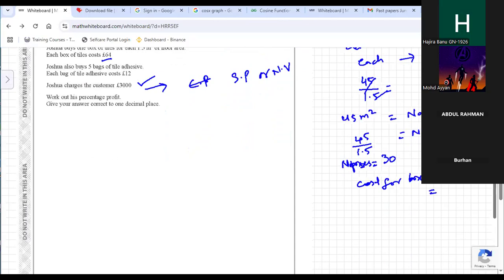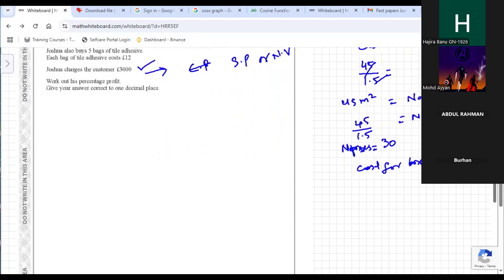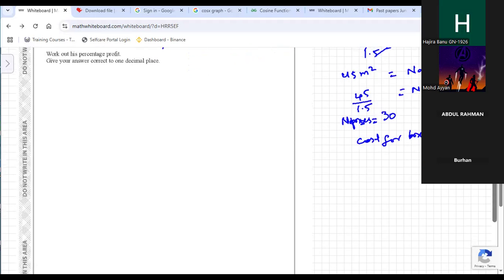This is the cost of boxes that Joshua has spent. So now 30 into 64 is 1,920 euros. So he has spent 1,920 euros on boxes.